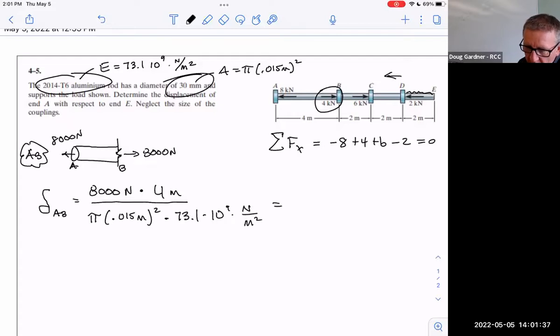Let's look at the units. That would be newtons times meters on top, and then square meters because of the area. Then I'm dividing by newtons per square meter on the bottom. So that would be meters squared on the top and newtons on the bottom. Is that okay?